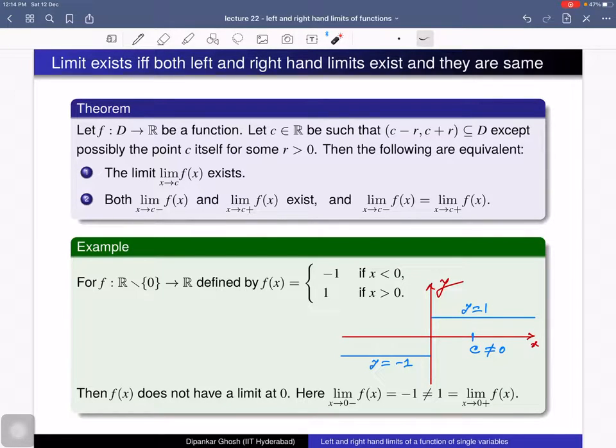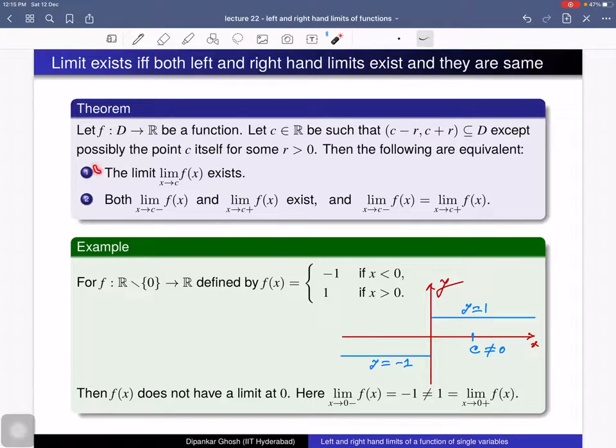Okay. So you consider a function from D to R, and suppose in this case D contains an open interval like C minus R comma C plus R, except possibly the point C itself, for some positive real number R. Then the following are equivalent.